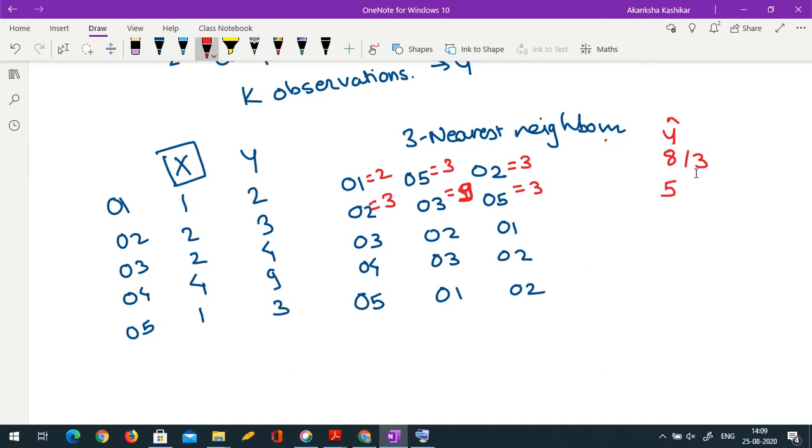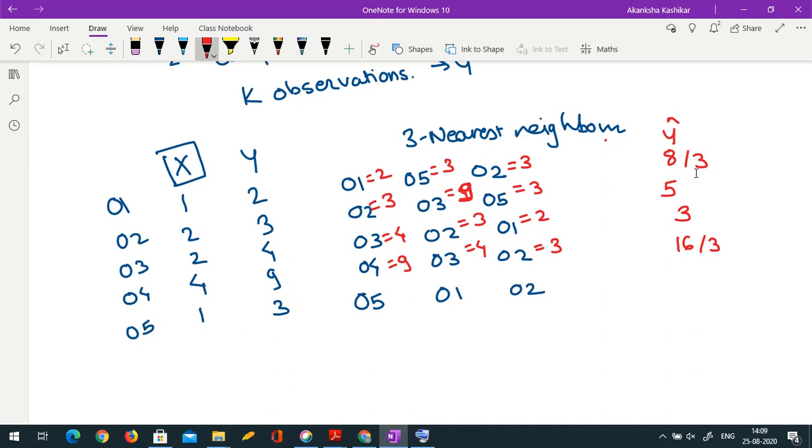5. Then for O3 prediction is 4. For O2 it is 3. O1 it is 2. So the average is 3. For O4 prediction is 9. For O3 it is 4. And for O2 it is 3. So it would be 16 by 3. Whatever it is.